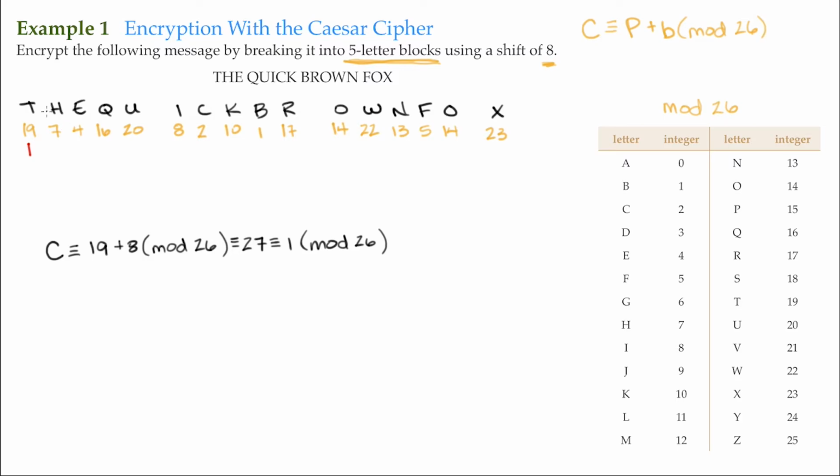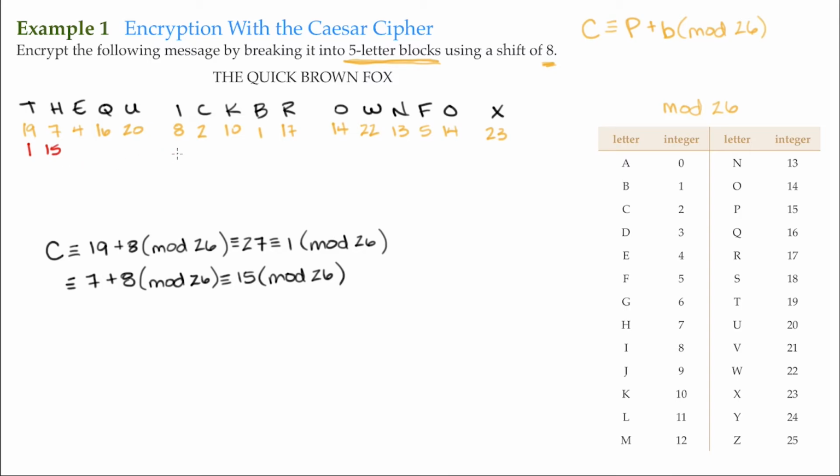So for H, that's going to be congruent to 7 plus 8. 7 is the plain text, 8 is the shift, mod 26, and that is congruent to 15 mod 26, and of course 15 is then designated our ciphertext letter.